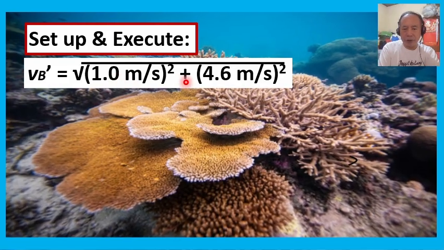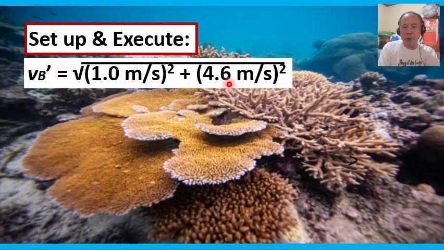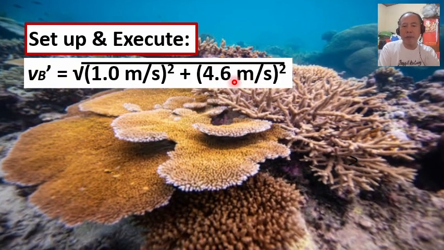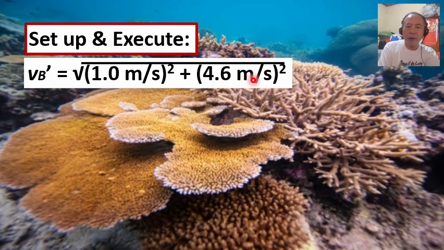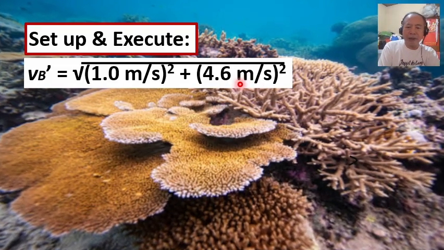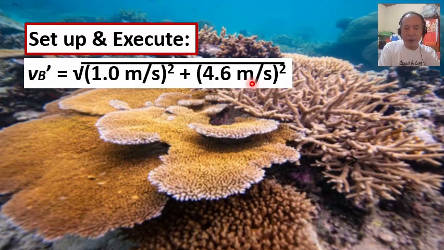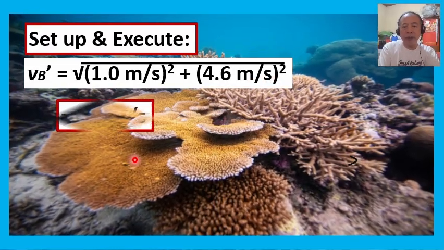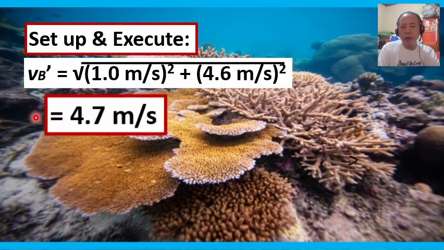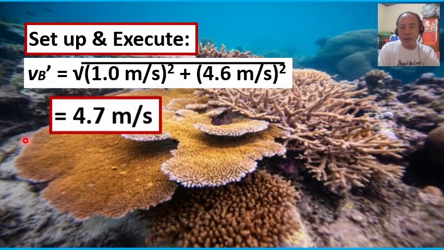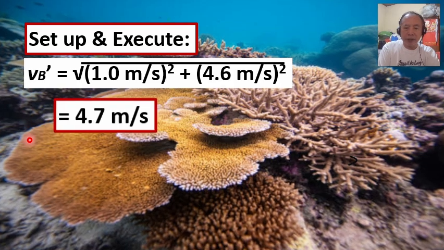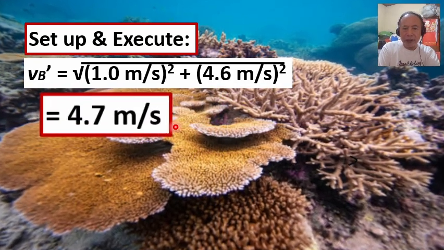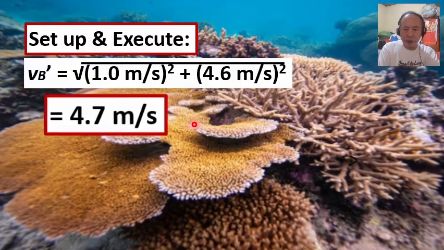Just after the collision, plus the square of 4.6 meters per second, which represents the x component of the final velocity of particle B, just after the collision. So when we do our math, we get the magnitude of the velocity of particle B, just after the collision, equal to 4.7 meters per second in two significant figures.